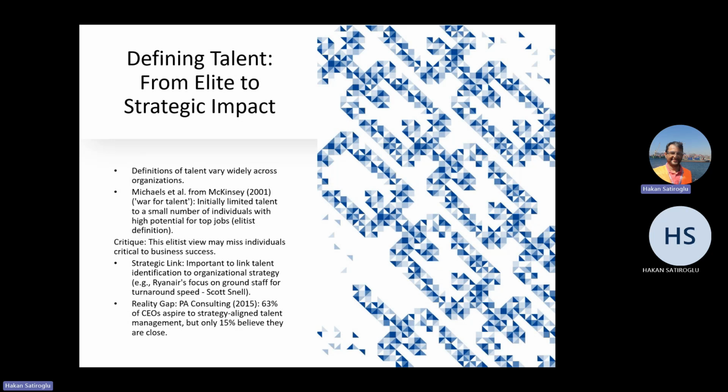This is one of the challenges: you are investing money in talent improvement or retention, but those talents' competencies are not aligned with your strategic aim. In that sense, the talents are important for the human being, but not important for your organization. So this is the challenge. I hope it is clear.